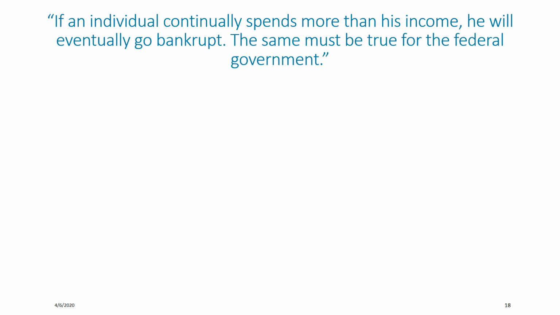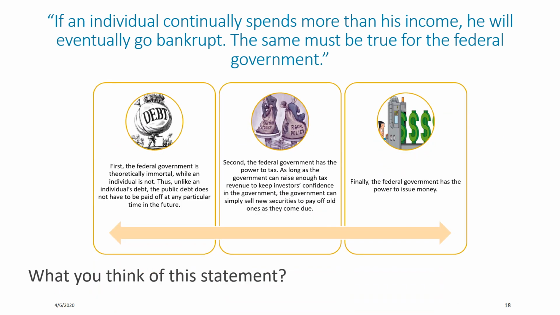So, if an individual continually spends more than his income, he will eventually go bankrupt. The same must be true for the federal government. What do you think of this statement? Well, first, the federal government is theoretically immortal, while an individual is not.